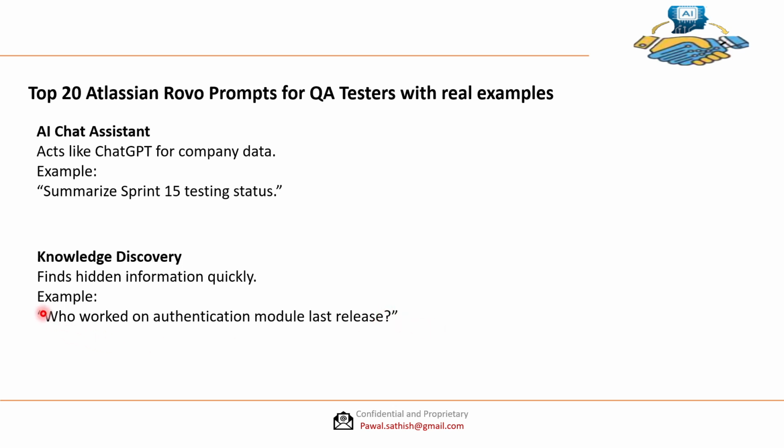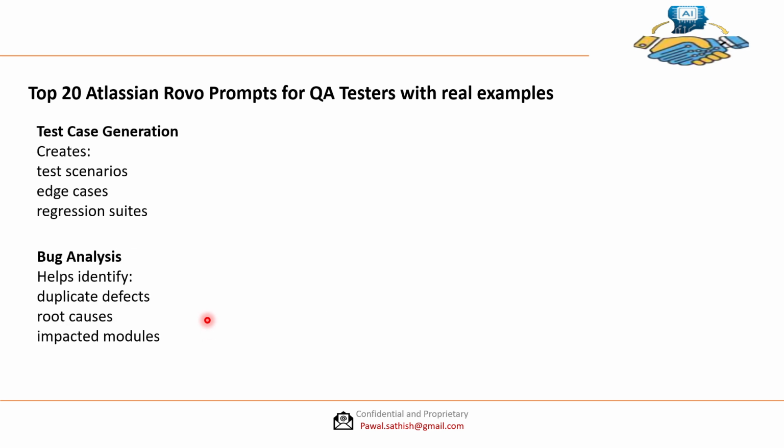Within a minute, Rovo will give the output. Then we can also use test case generation, as I mentioned, to create test scenarios, edge test cases, regression suites, and other things. Rovo also helps in bug analysis, identifying duplicate defects, root causes, and impacted modules.